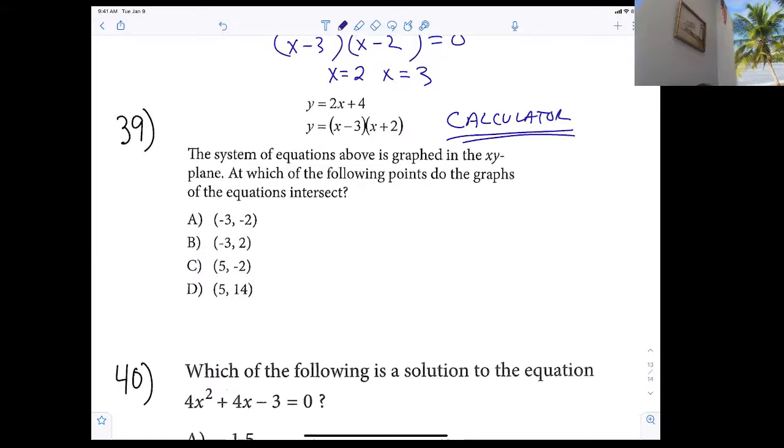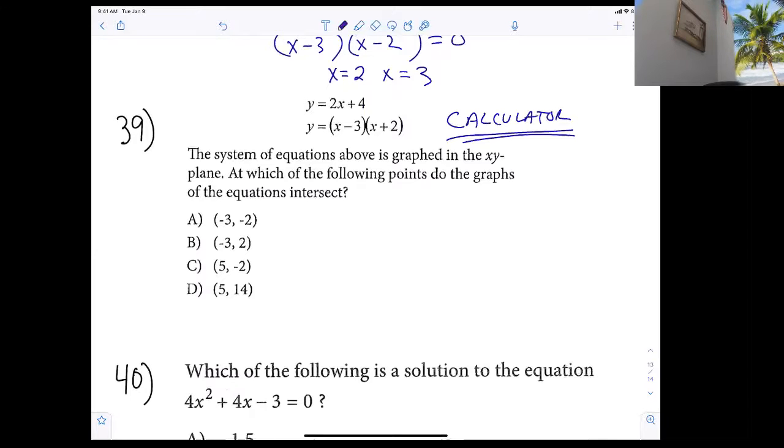We can do it mathematically, but I'm going to show you how to use your calculator when you do these types of questions. It's a big help if you bring your calculator tomorrow.